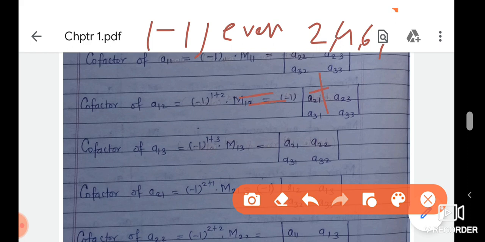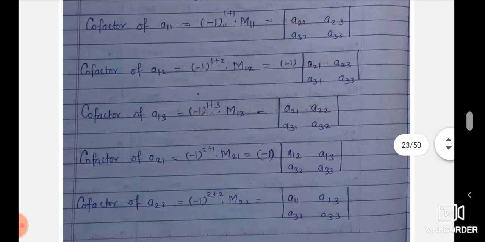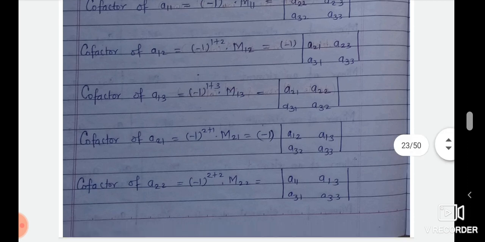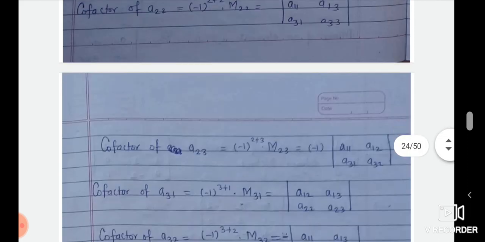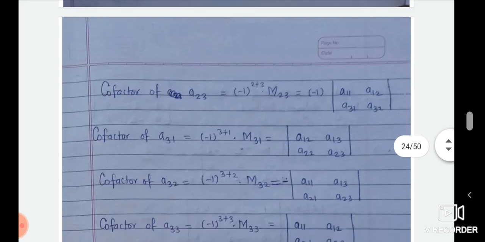And if you are having an odd number, it will be minus. Okay, so just check here. Minus 1 is to 4, so it is positive. So it will be just the same as M13. Then minus 1 is to 2 plus 1, which is 3. So it will be minus. Okay. And to find the cofactors, first you need to find the minors. Once you get the minors, there will just be a change in the sign. Either it will be plus or it will be minus. Okay. So in this way I found out all the cofactors.